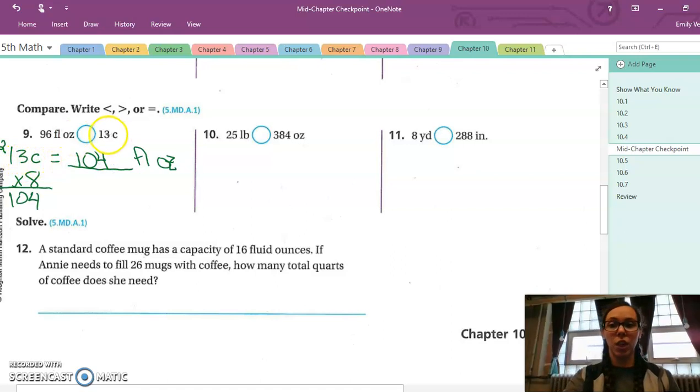That means over here, 13 cups equals 104 fluid ounces.